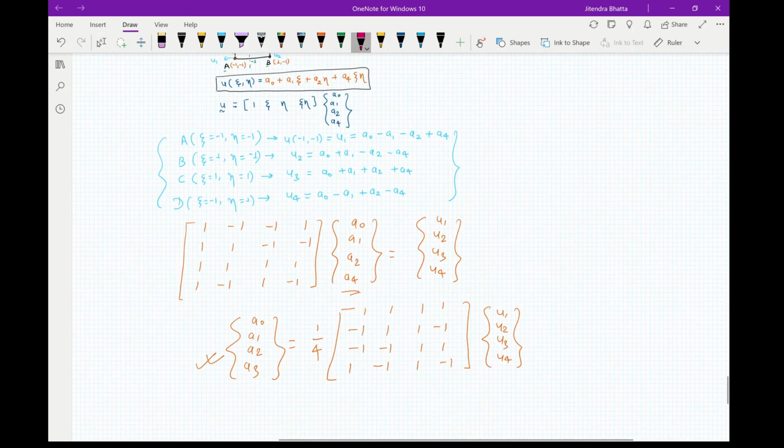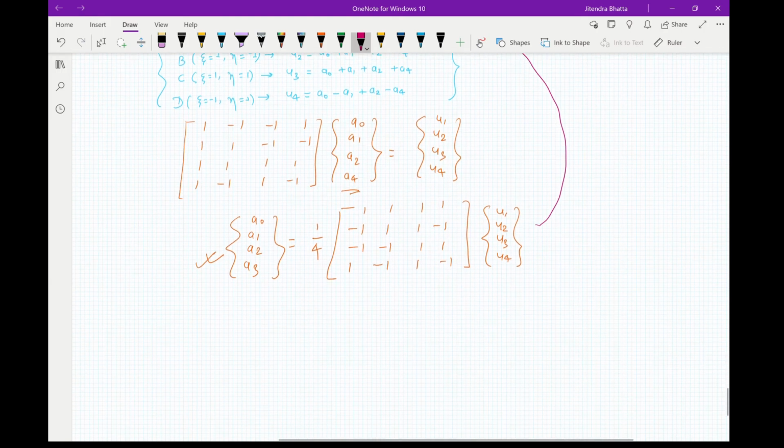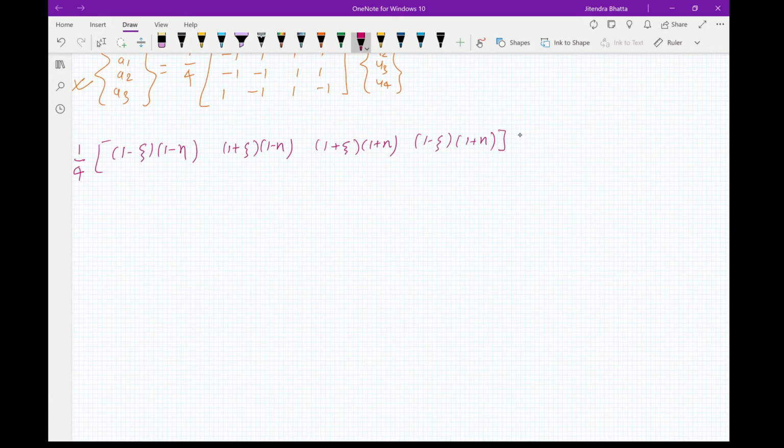You can substitute this back into this equation here, and then what you'll get is times your displacement vector.